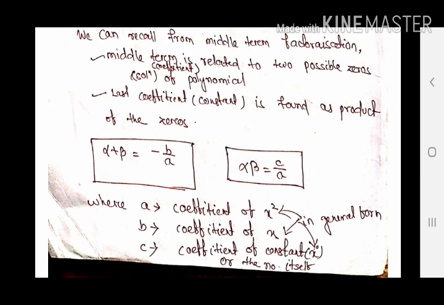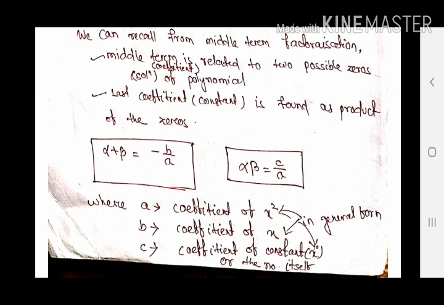Also, you remember in middle term factorization we multiply the coefficients a and c, the coefficient of x square and the number itself, to think about the possible solution of x. That means definitely there is a relation between the zeros of the polynomial and the coefficients. And what is that relation?